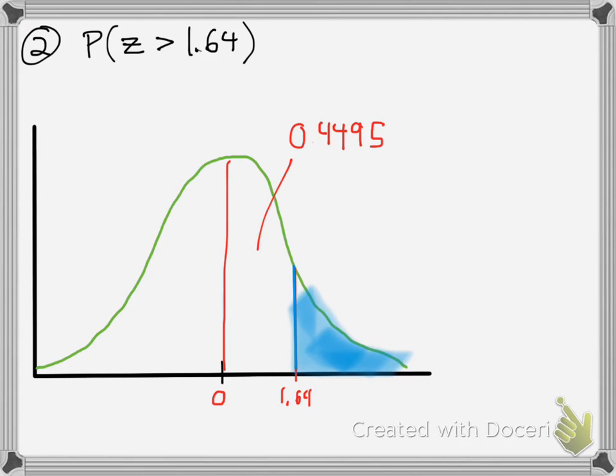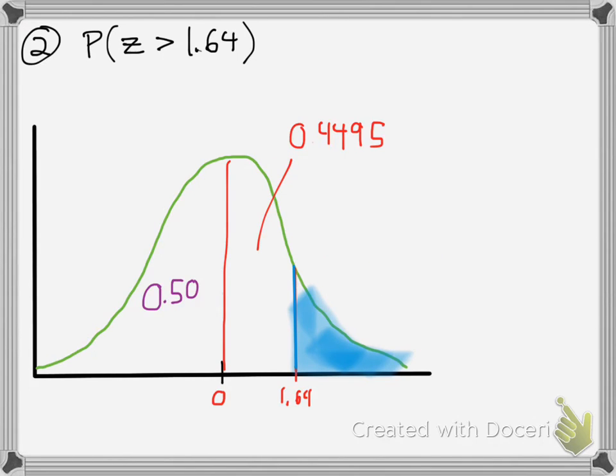Due to symmetry, we also know that this area here is exactly 0.5, or 1/2 of the entire area, which is 1. So if we know that, then we know that the other half here combined is 0.50, or 1/2.